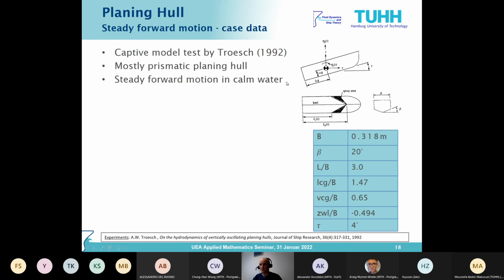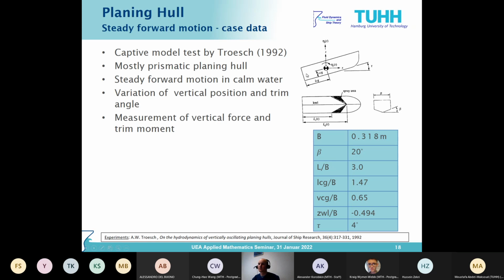Here we look at steady forward motion in calm water, although they also looked at other cases in the experiments, like for example oscillations. What we want to check is the variation of the vertical position of the hull and the trim angle, and see how well the method can reproduce the experimental results.